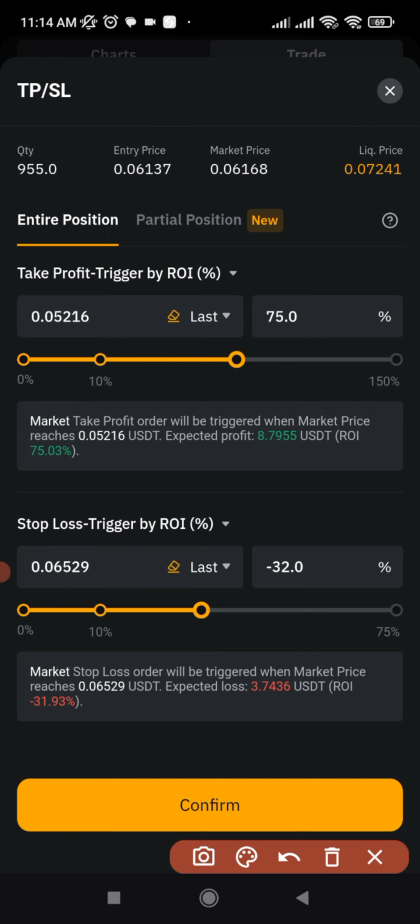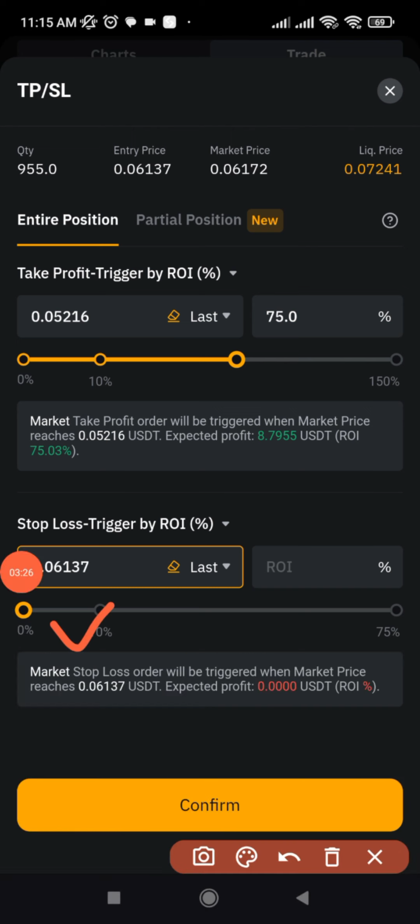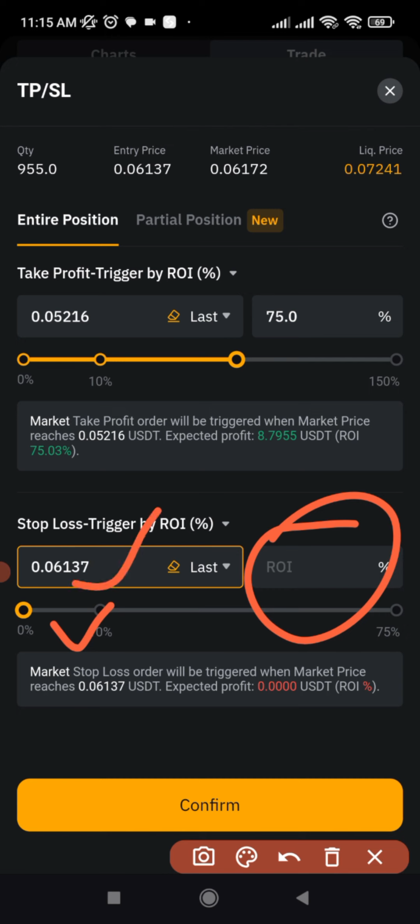You come in here, delete this one, and type the entry price there, right? So you delete this, and then your entry price will be 0.06137. So you go ahead and type 0.06137. All right, so you manually type that without using the slider. As you can see here, it says 0%. So if the market hits this stop loss, you are losing nothing in this trade. All right, that is how to do that.